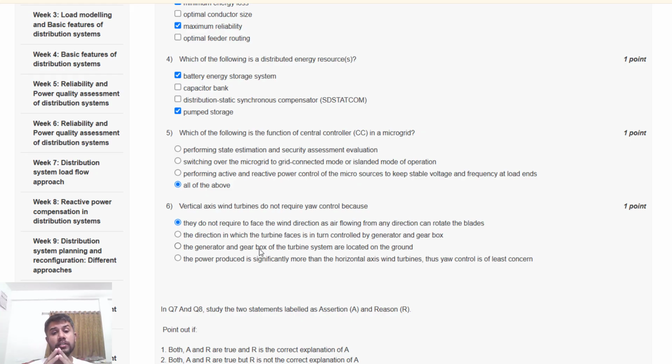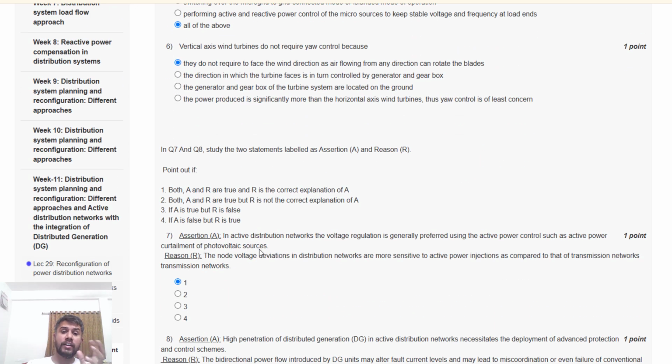Now the sixth question is, vertical axis wind turbines do not require yaw control because they do not need to face the wind direction, as air flowing from any direction can rotate the blades because it is a vertical axis wind turbine. Now in questions 7 and 8, study the two statements labeled as assertion and reason.